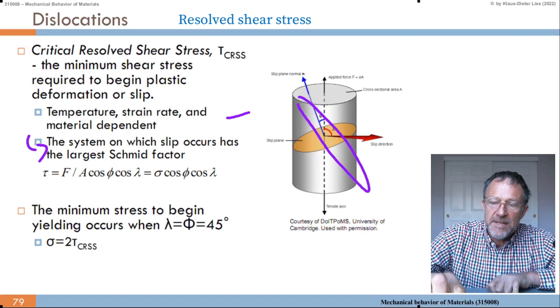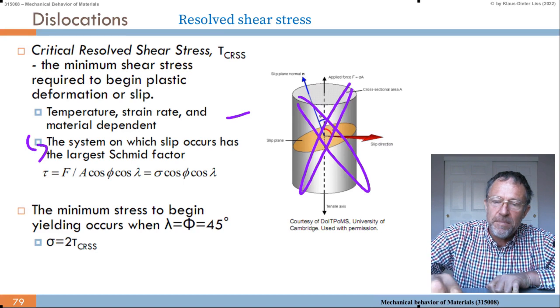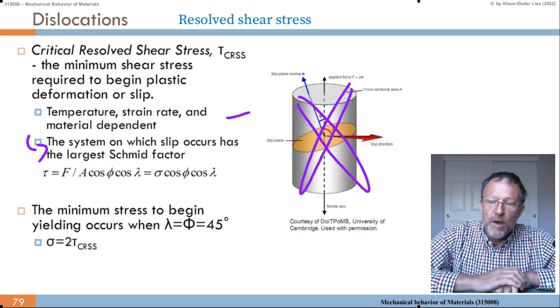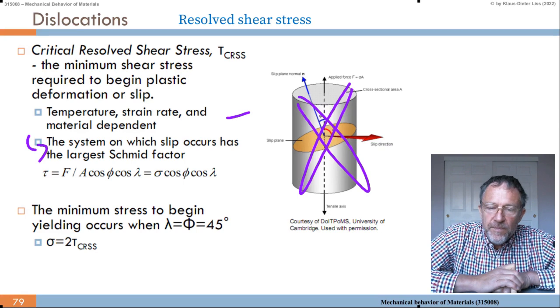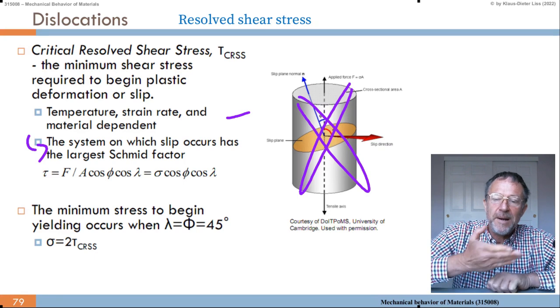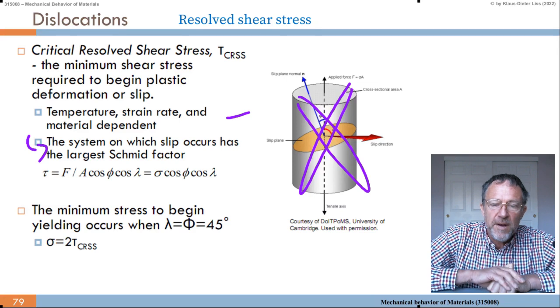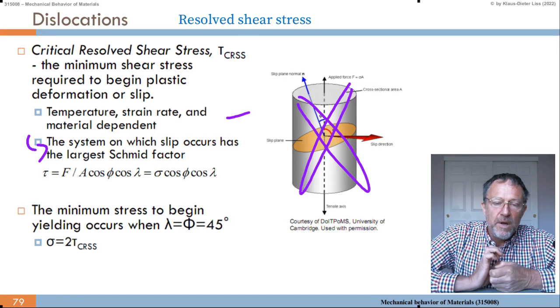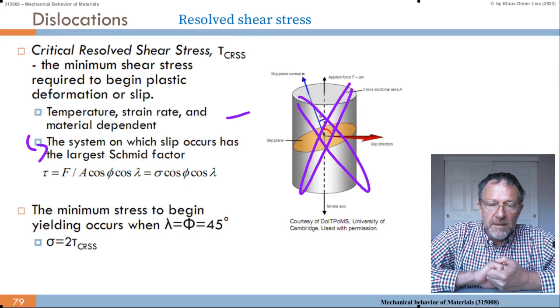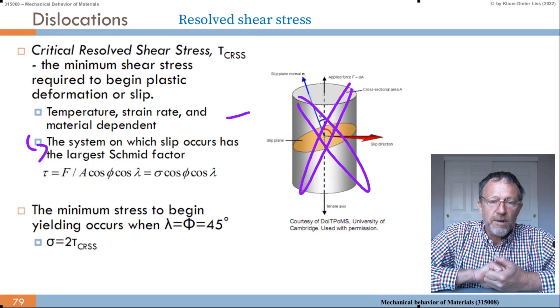So we can have several planes. We can have one plane like this, one plane like this, and for each of the planes we would calculate the Schmidt factor. The plane which has the largest Schmidt factor will be the first plane to yield with the critical resolved shear stress.